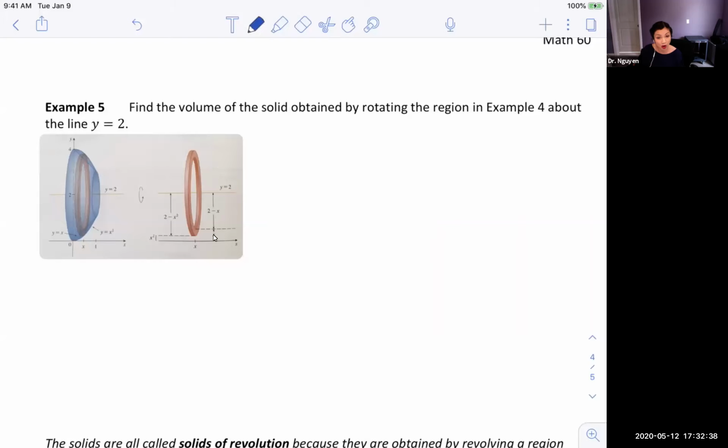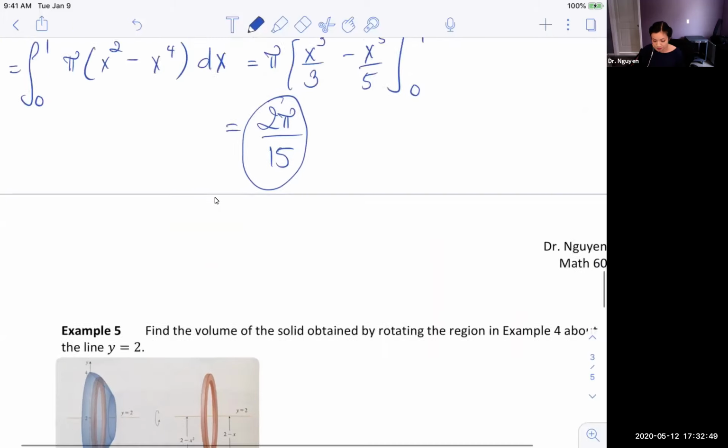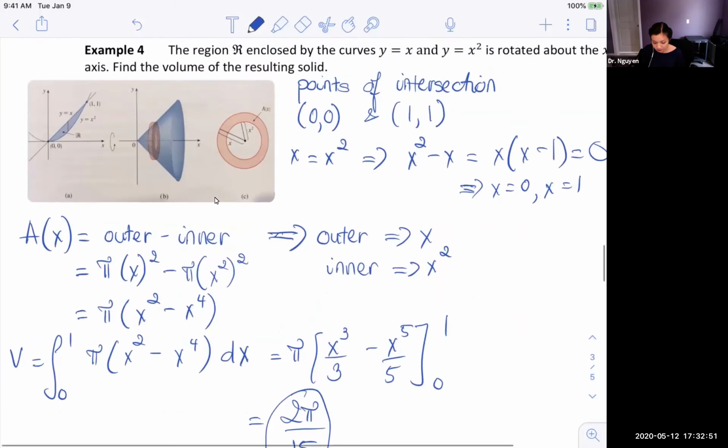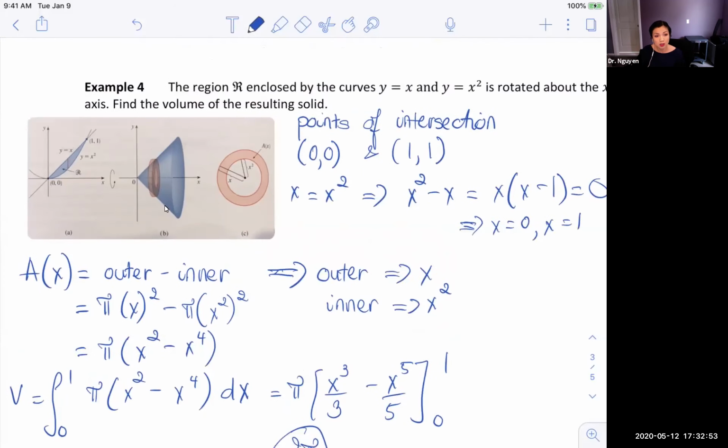So it's still a washer, but which one is going to be the inner and which one is going to be the outer circle? In example 4, previously, you see right here, x squared is closer to the x-axis, right? Therefore, that one is the inner circle.